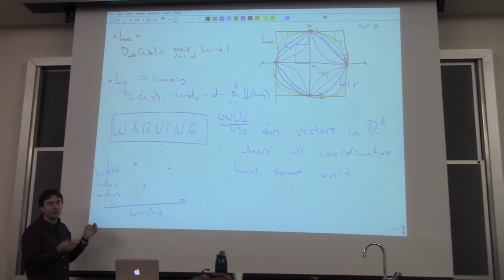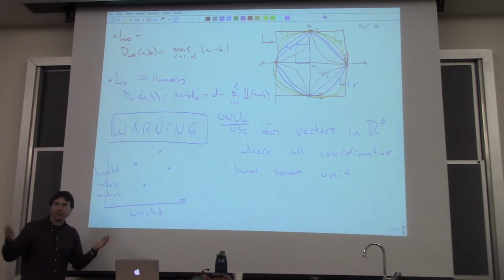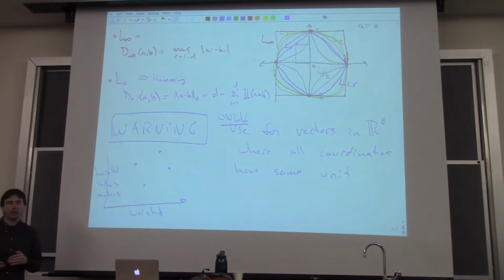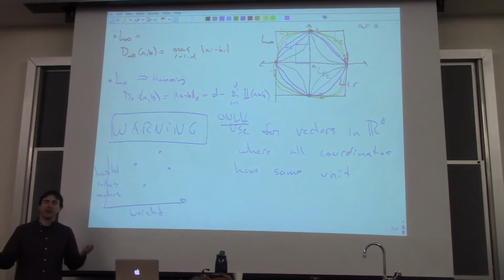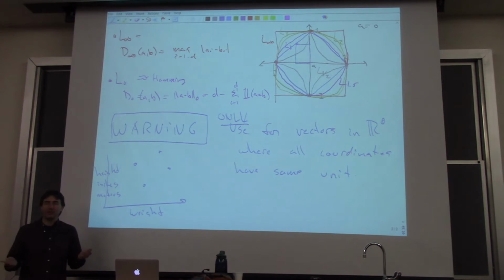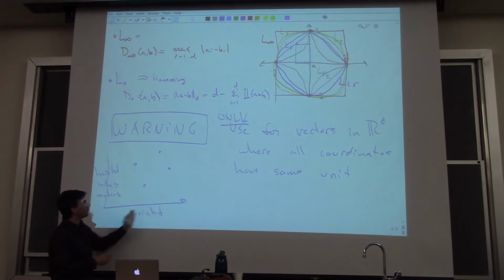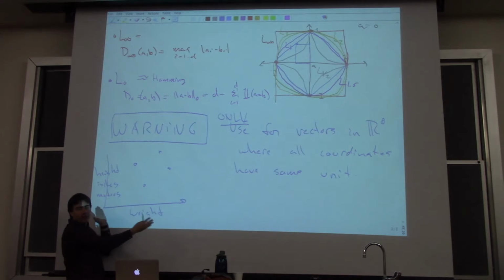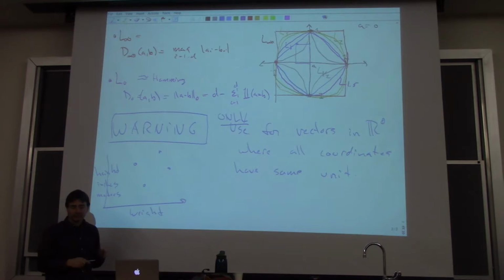But if I choose inches, it's going to be greater than 60 usually. Similarly for weight: do I measure in pounds? In stones? In kilos? In tons? If I change those units, it scales the importance of different coordinates.